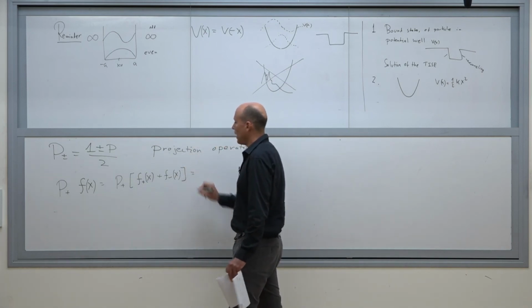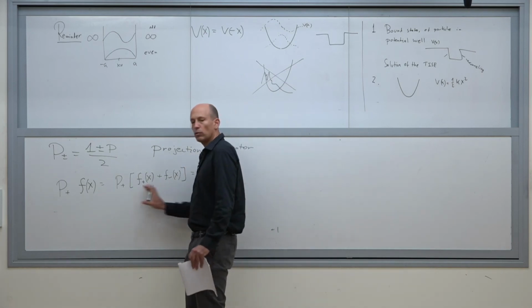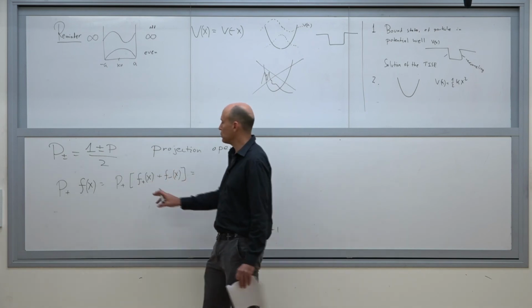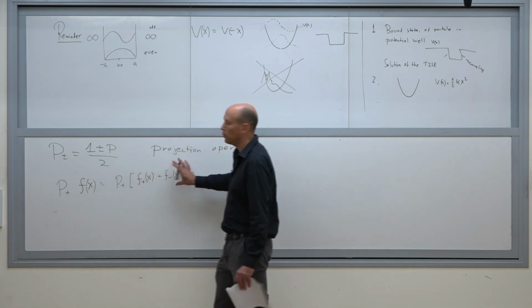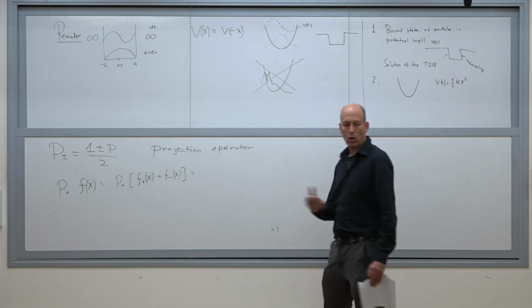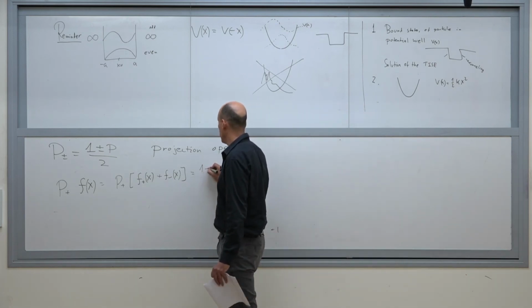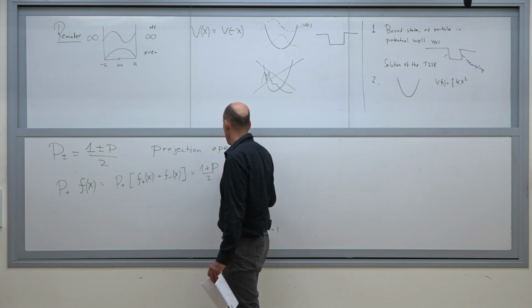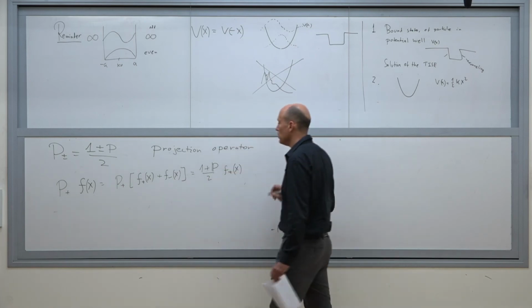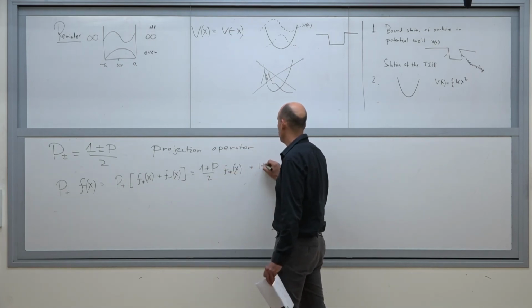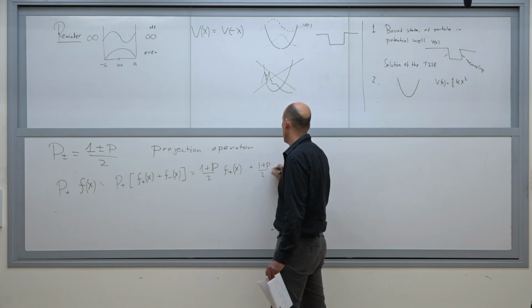If you think about it a little bit, you will convince yourself that any function I can decompose into a sum of an even and an odd function. Then I operate with P plus over 2. Then I have to operate first on the even part of this function, and then I have to operate on the odd part.